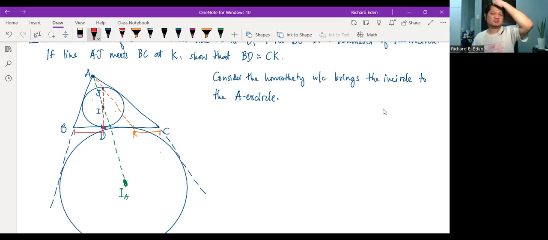Okay. So this uses the fact that, the reason why this is possible is because we know that I and I sub A are collinear with A. In fact, we already proved this last time.